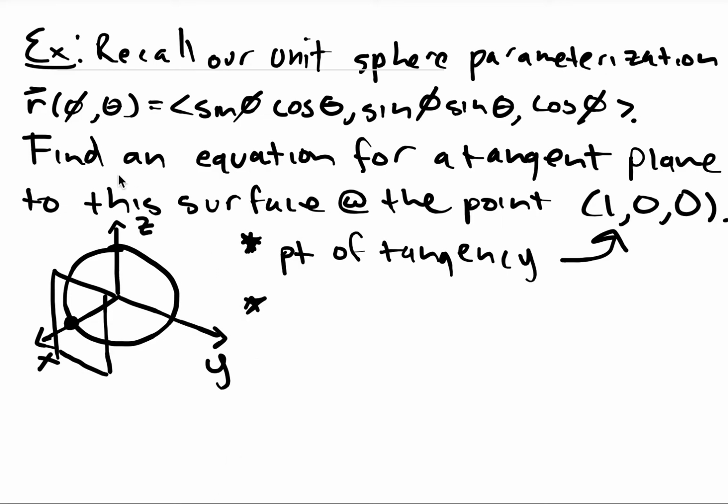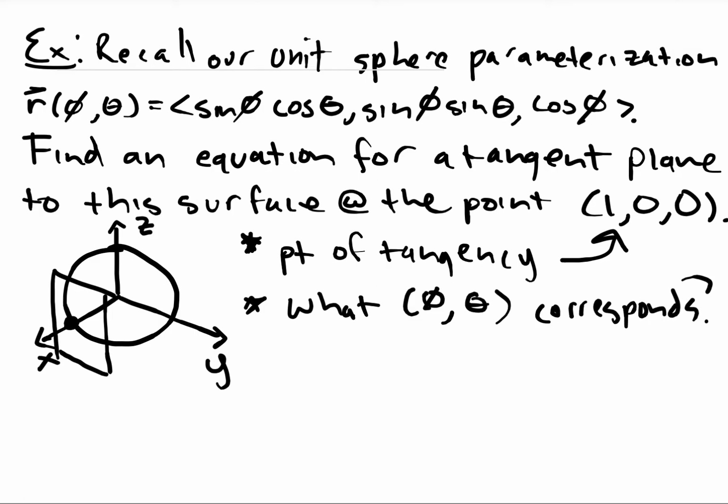Now, here we're not using U and V. Like I said, we might not be using those all the time. The parameters that I'm using this time are phi and theta. So what I want to ask is basically what phi theta coordinate pairs up with that 1, 0, 0 point?